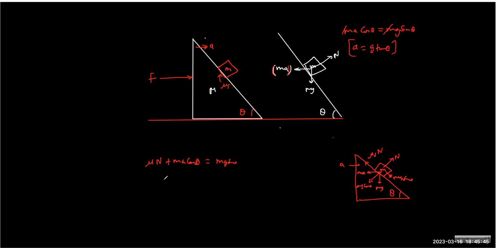And what else you write? N equals ma sin theta plus mg cos theta, and then you substitute N here and rearrange to get the a. This is the fundamental way of solving, correct?